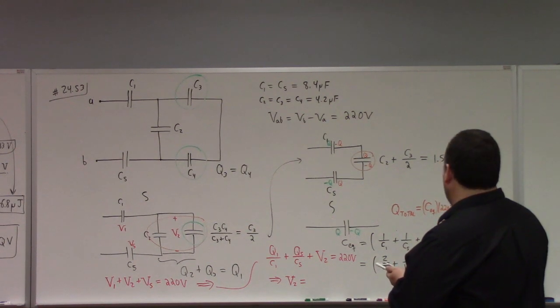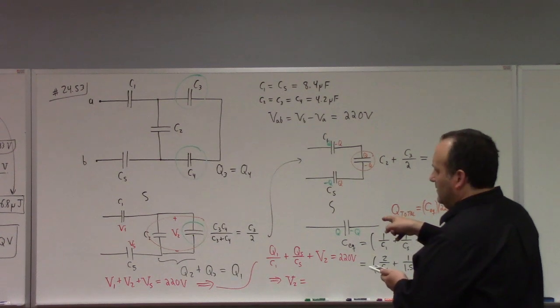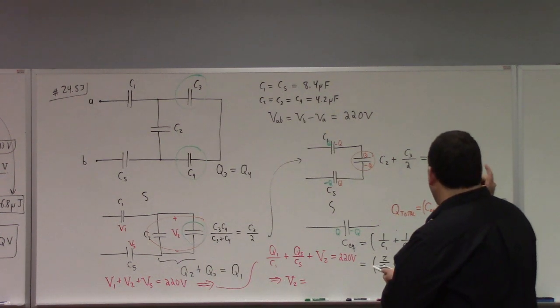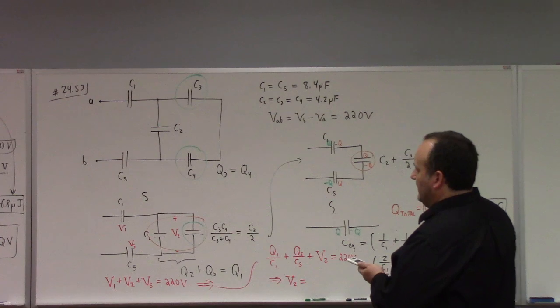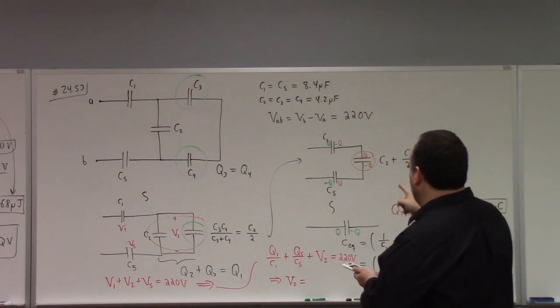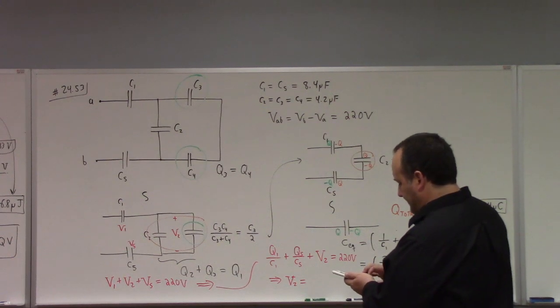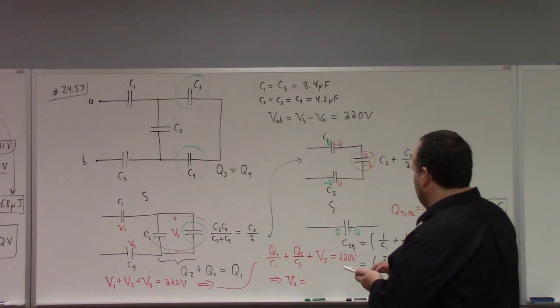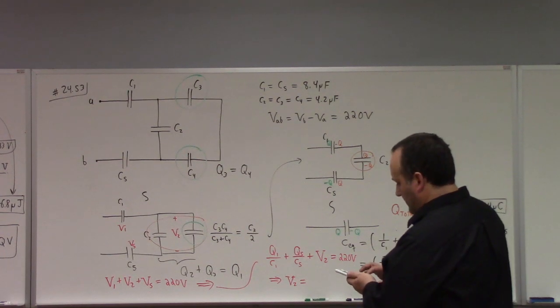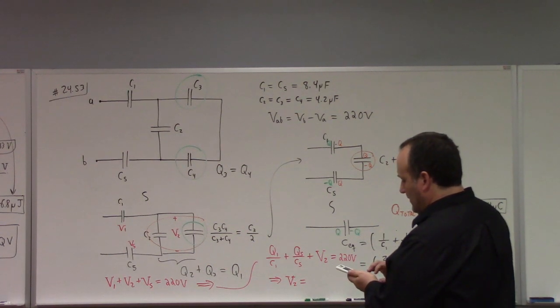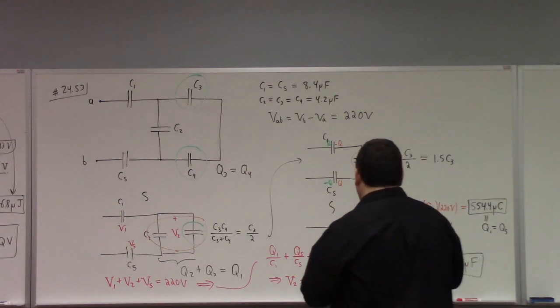So for Q1 over C1, I've got 554.4 microcoulombs divided by 8.4 microfarads. The micros cancel. 554.4 divided by 8.4, I get 66 volts.